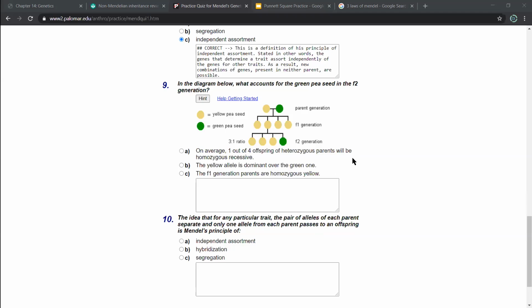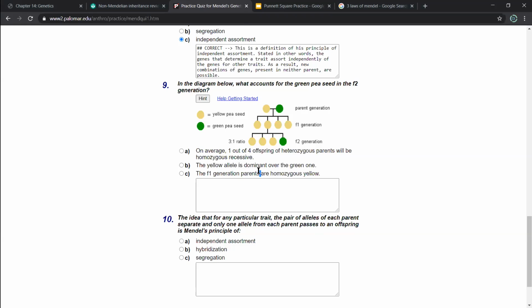Okay, so the answer here is A. Again, let's just look at the choices. The yellow allele is dominant over the green one. Yes, that's true, but that doesn't really explain why there's a green seed when we think that there should be yellow. Now, C, the F1 generation parents are homozygous yellow.